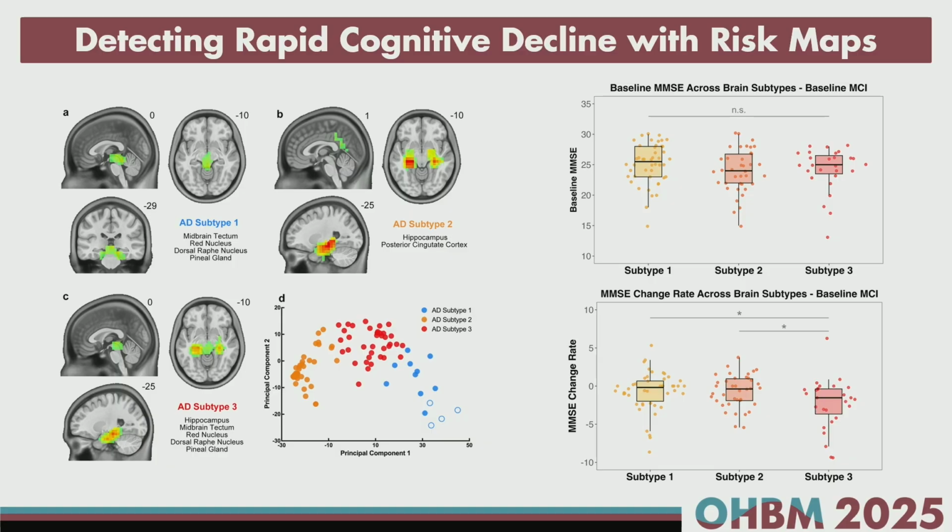I think it suggests that we can use these kinds of risk maps to identify MCI participants who are more likely to benefit from closer monitoring or even early intervention.